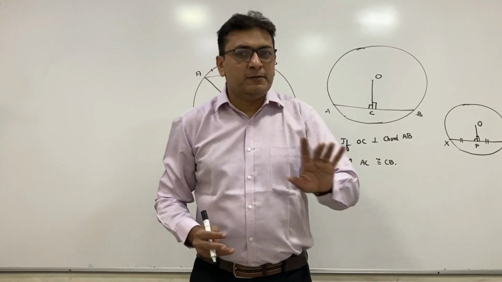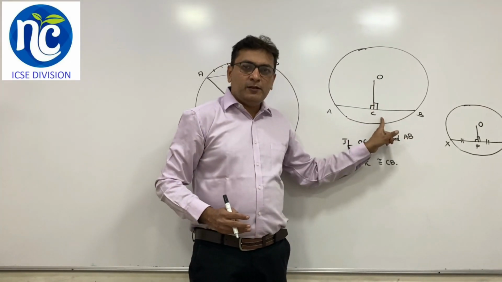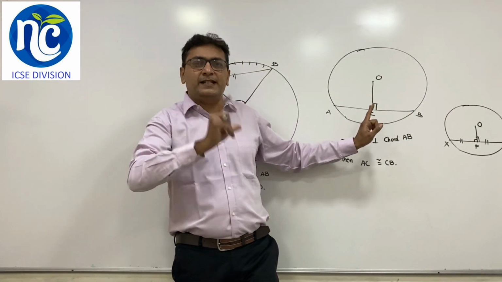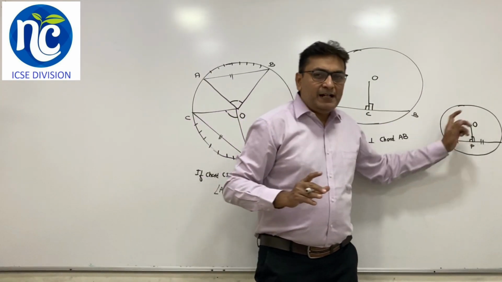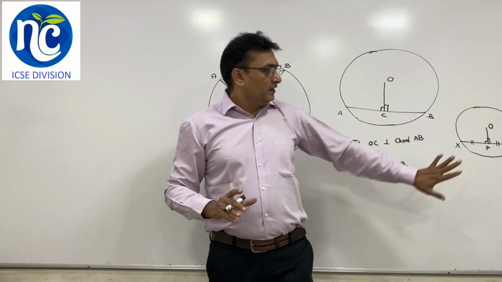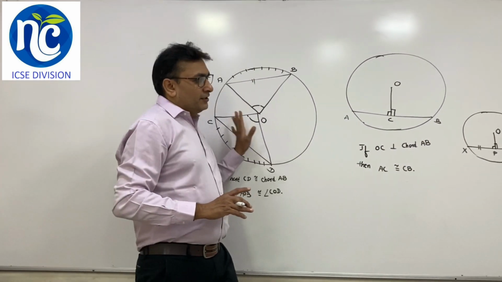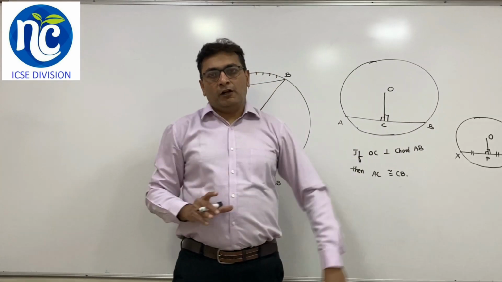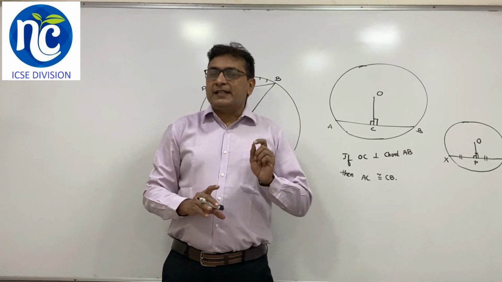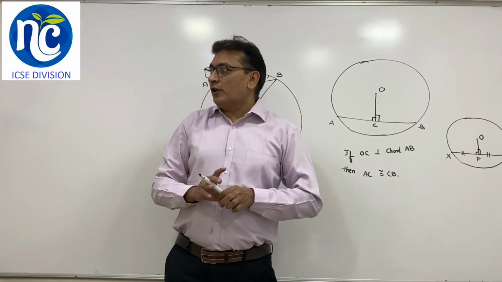So in simple language, if a line is perpendicular from the center to the chord, it will divide the chord into two equal parts. That is, it bisects. If a line bisects the chord, then can I say it is perpendicular. This you are supposed to understand. So three properties. Now we will go on to another important property.